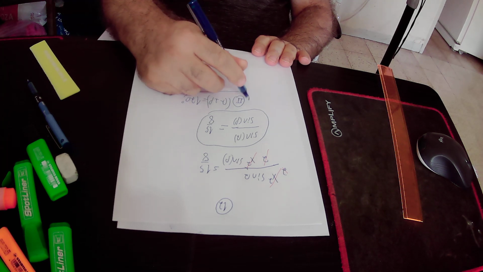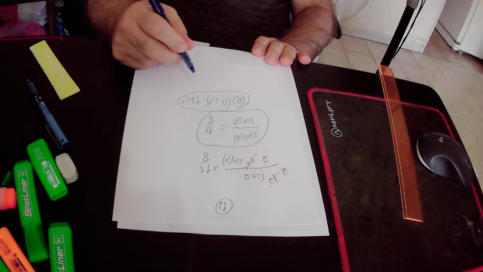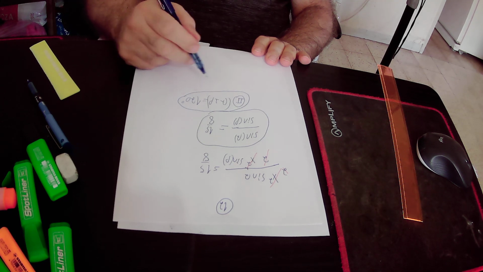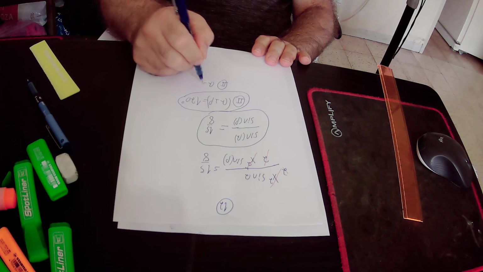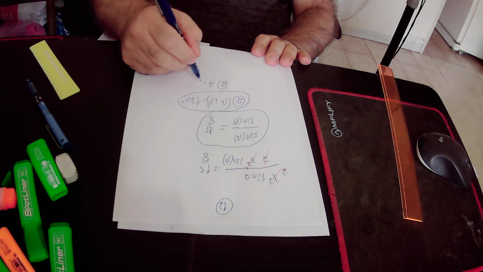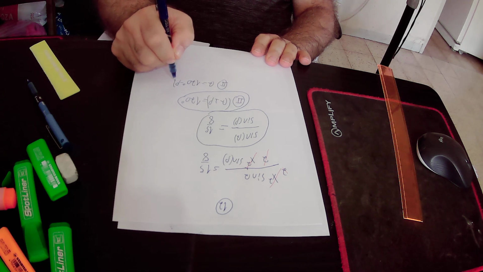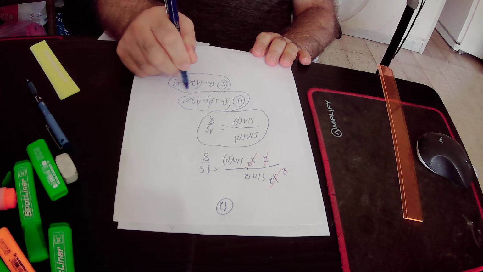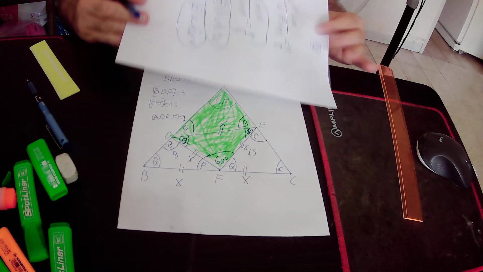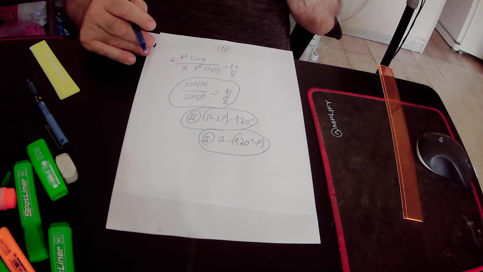So from equation number 2 we can subtract p, and we will get that q equals 120 degrees minus p.